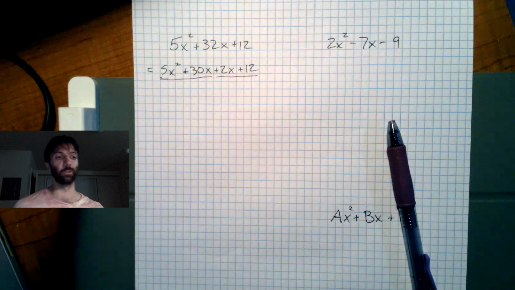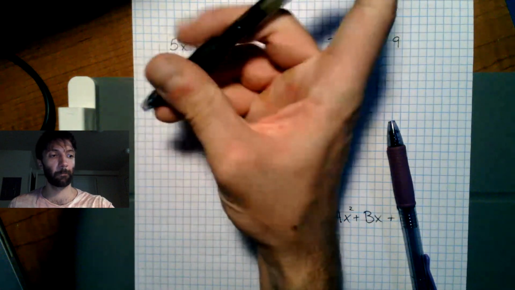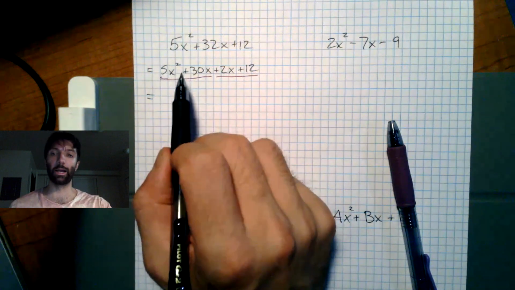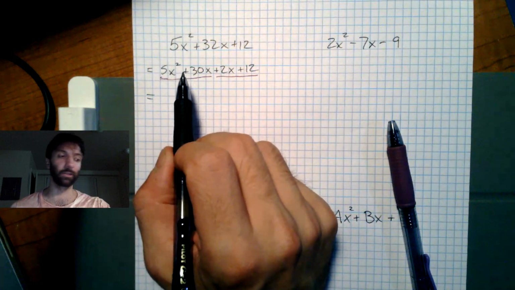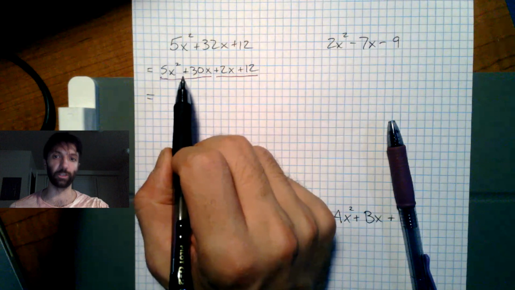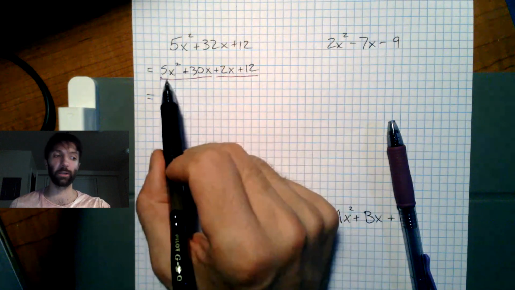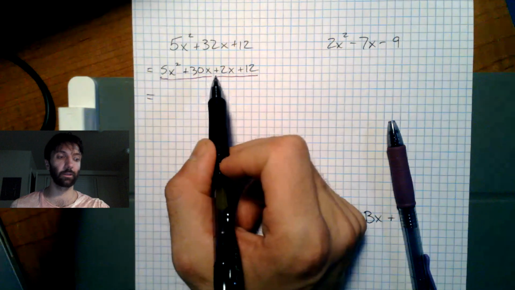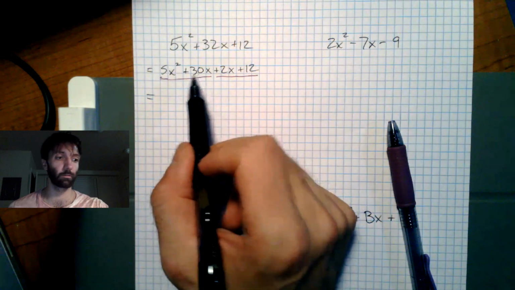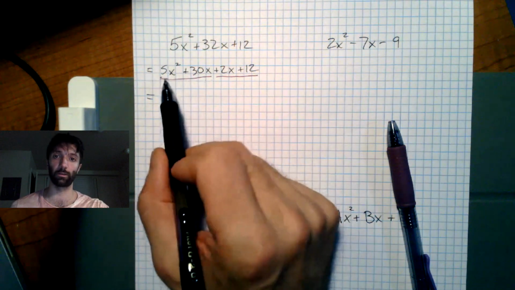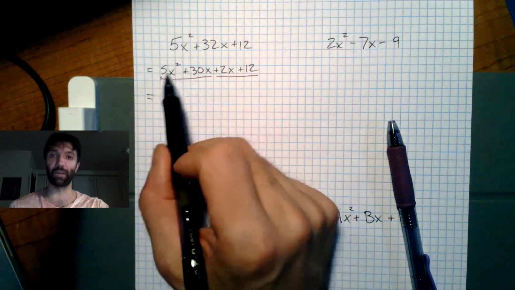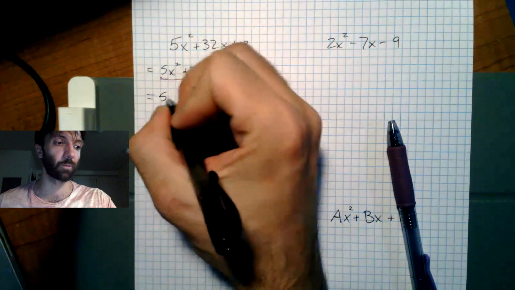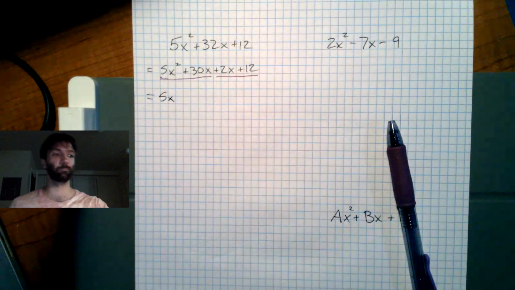Now we take one group at a time and factor out its greatest common factor, its GCF. The greatest common factor of 5x squared and 30x is 5x, because they both have an x in common, and 5 goes into 5 as well as 30. So 5x is the greatest common factor, and we're going to factor that out.